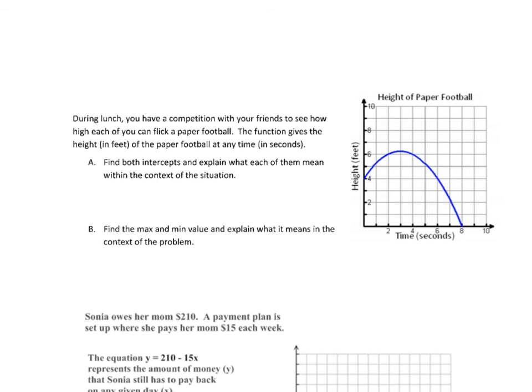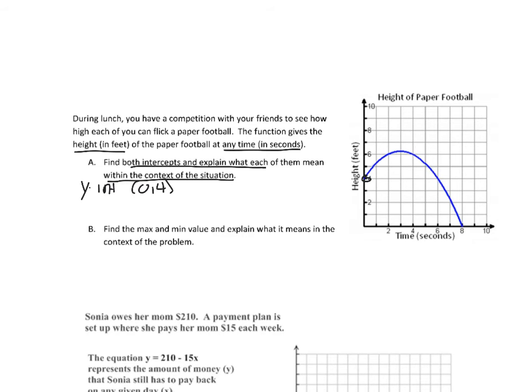All right. This function gives you the height in feet of the paper football at any time in seconds. Find both intercepts and explain what each of them mean within the context of the situation. So the y-intercept is (0, 4).